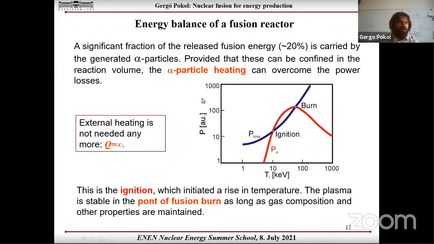And if we plot the heating power as a function of temperature, it will have a definite peak here. And the reason is just in the deuterium and tritium cross-section. If you remember, the cross-section already had the same peak.